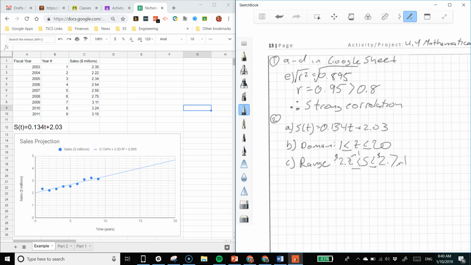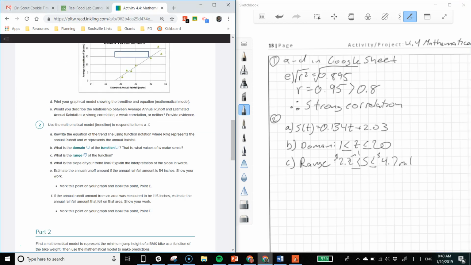And I just said 2.7, I realized it's supposed to be 4.7. Next, we're going to look at the slope of the trend line, and then doing some estimation activities, and I'm going to do that in a separate video.